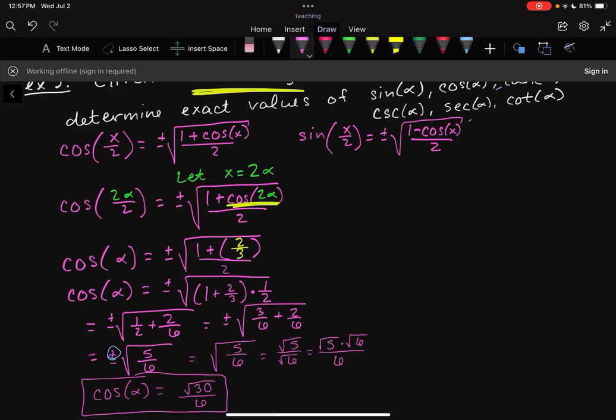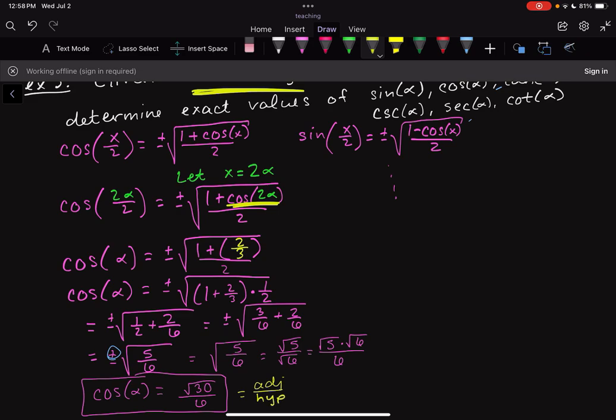Now there's multiple ways to get the rest of it. So you definitely have some options at this point. Either you could use the sine identity and do it exactly how we just did it. Me personally, I would probably say let's just use triangles. So cosine of alpha is giving me the adjacent over the hypotenuse.